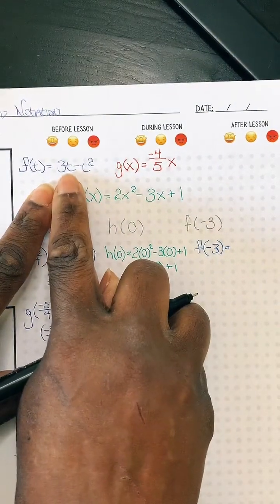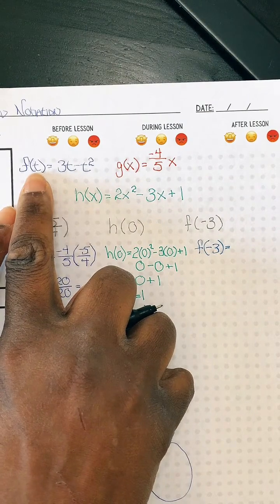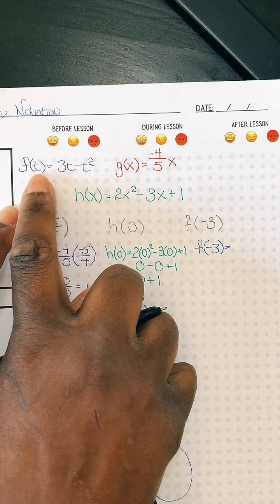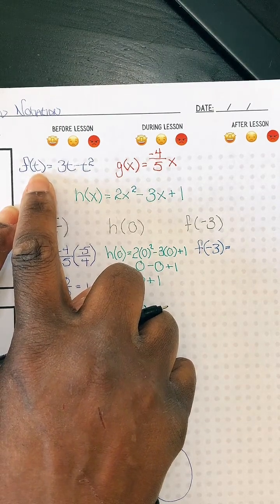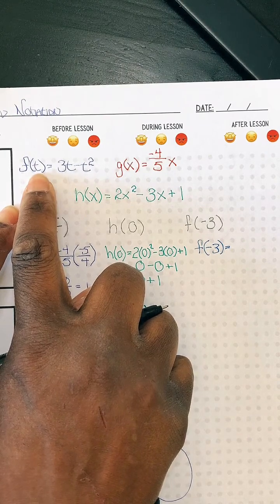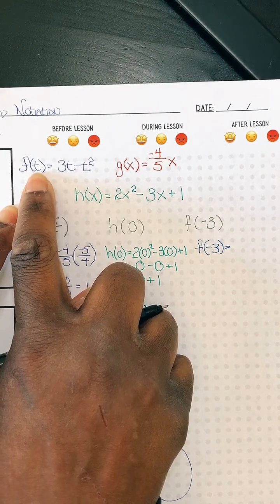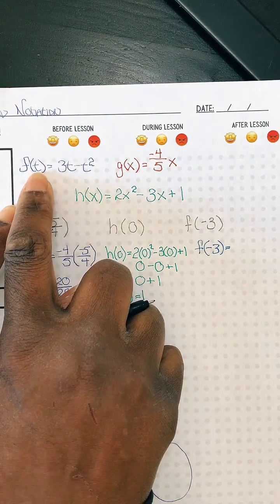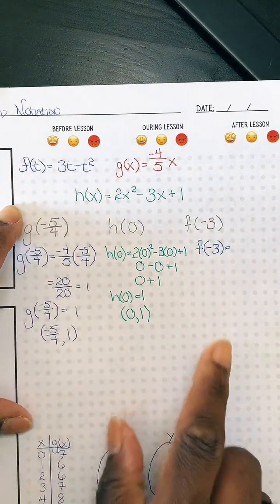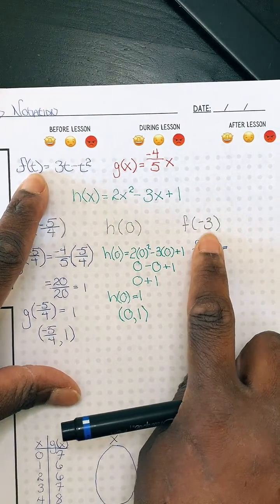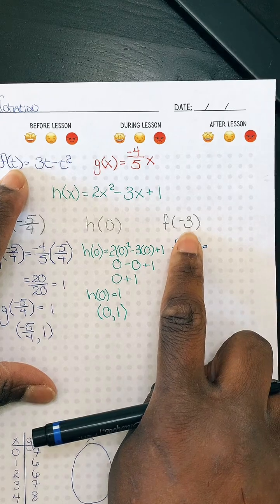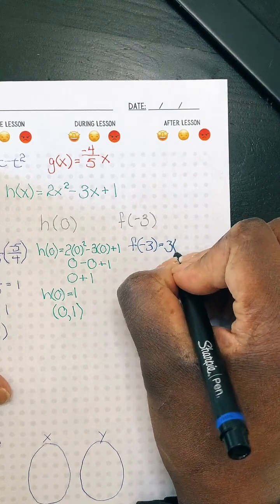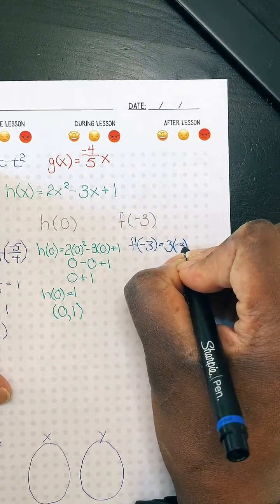Wherever I see, this time we have a t instead of an x. Same thing: whatever's inside the parentheses is your input. They could put a t, an m, a p, a q, whatever they want as the unknown variable. That's fine, but sometimes you will see a t, especially if they're talking about time. No matter what it is, right now we want to find f of -3. So wherever we see a t, we're going to put a -3.